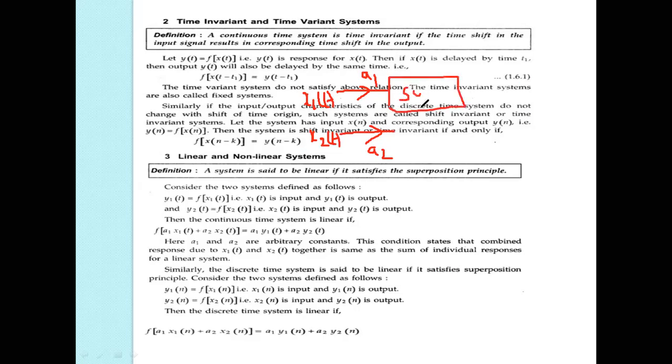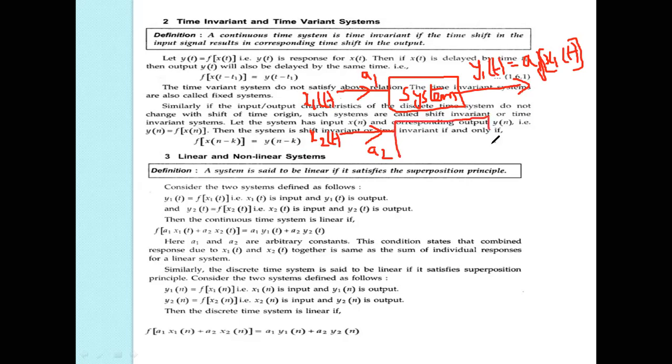I'm giving them to the system to get the response y1 of t, which is a1 into a function of x1 of t, because it is passed to the system.